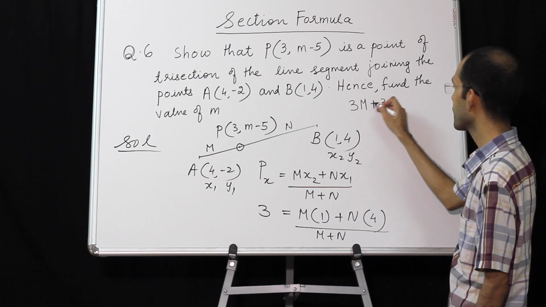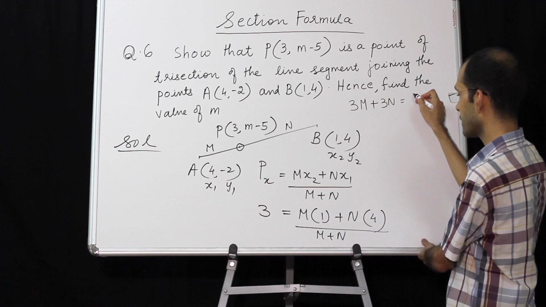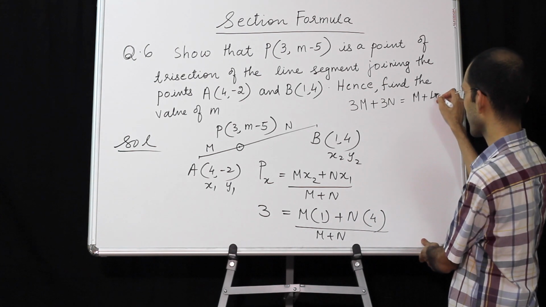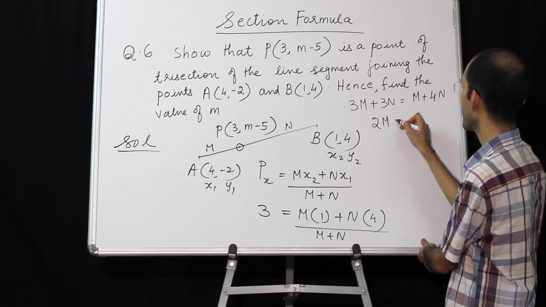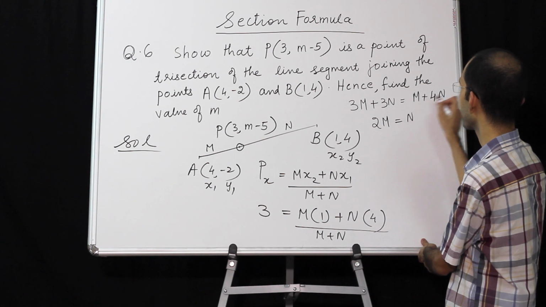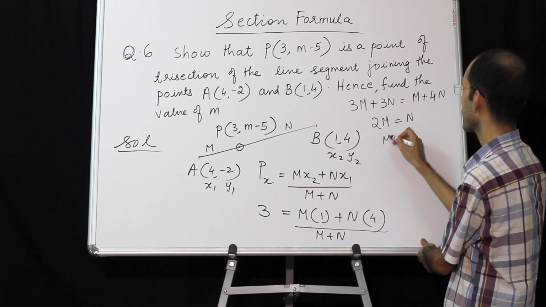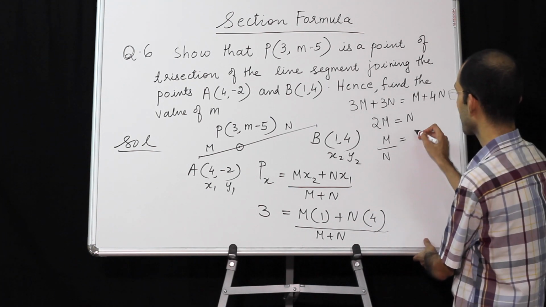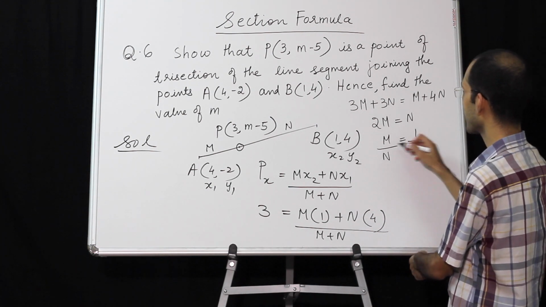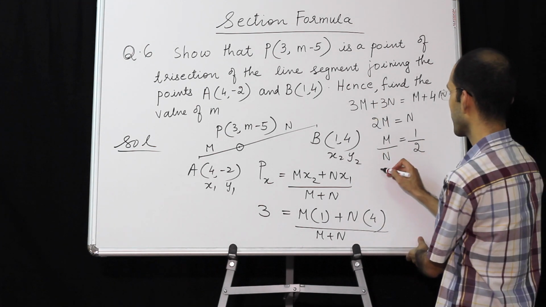Three M plus 3N equals M plus 4N. 2M equals 4N minus 3N, so N. So M upon N will be what? 2 upon 1 or 1 upon 2? 1 upon 2. Cross multiply and see, you should get the previous step.